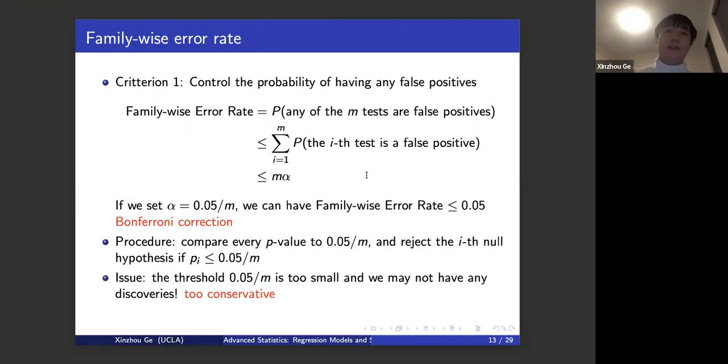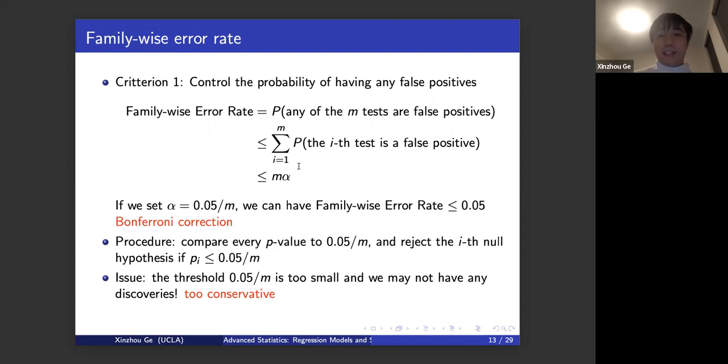The first one is called family-wise error rate. Family-wise error rate aims to control the probability of having any false positives. From the definition, family-wise error rate is the probability that any of the tests are false positives.